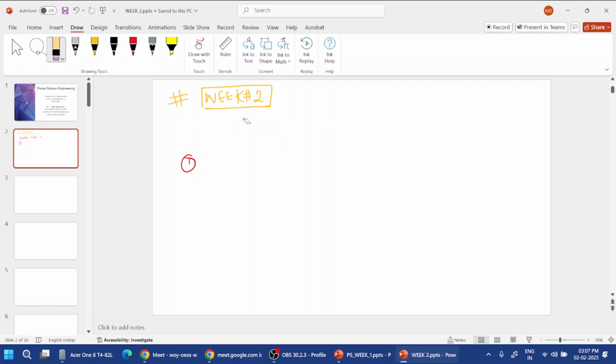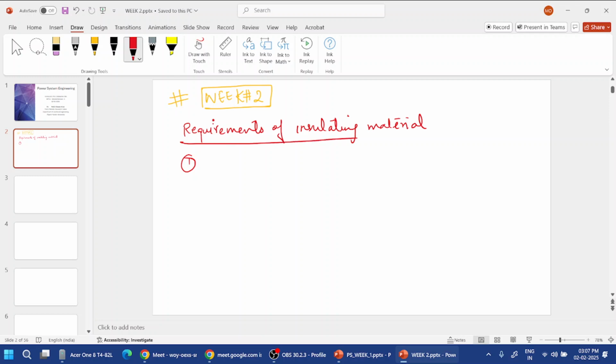So actually, we will talk about what type of insulation material we require, the requirements of insulating material. What type of material should we use so that it provides better insulation in the cables?